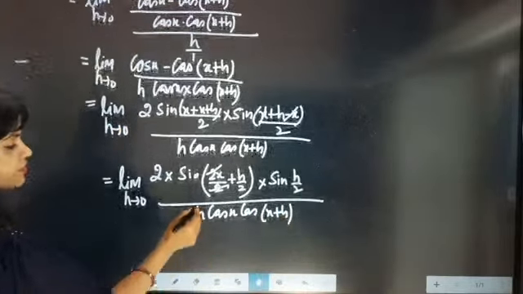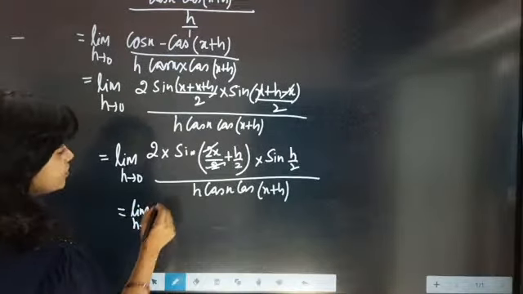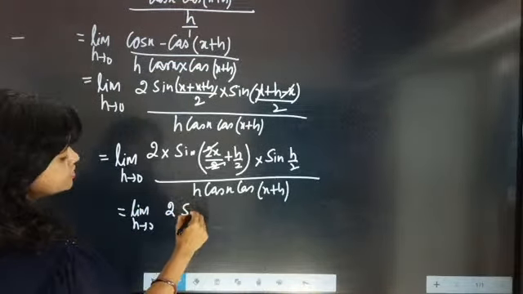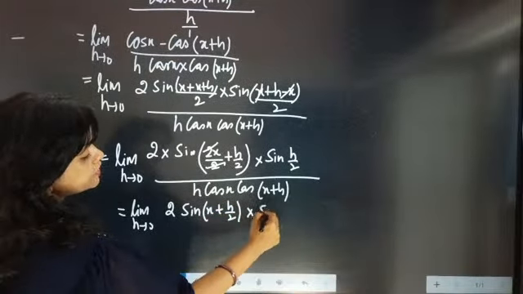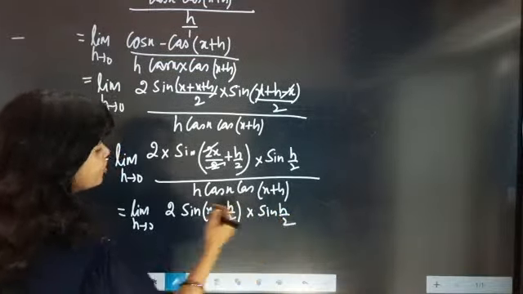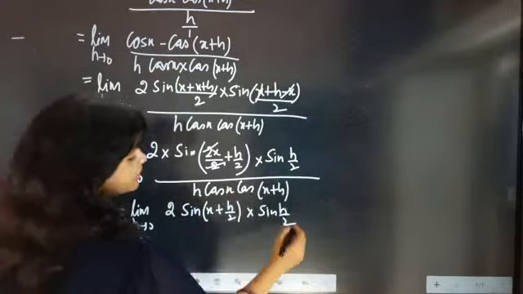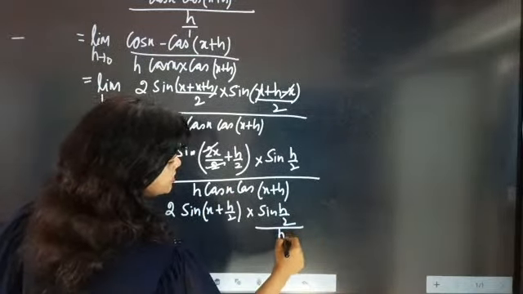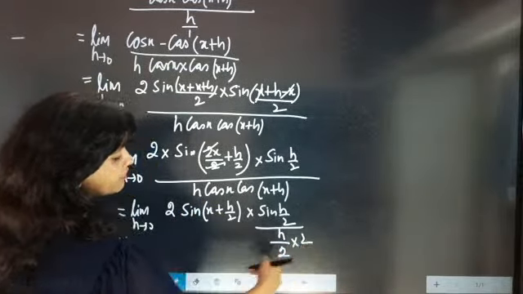Final last step, limit h tends to 0. This part will become 2 sine of (x plus h by 2) into sine h by 2. Now the denominator part h is there. So now what I am going to do here is, this part h I have multiplied by 2 and divided by 2.